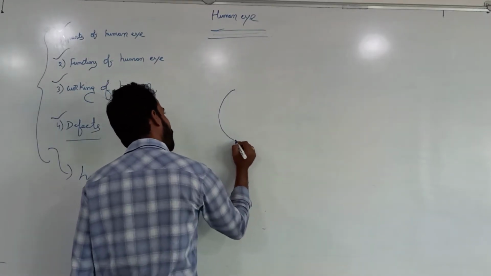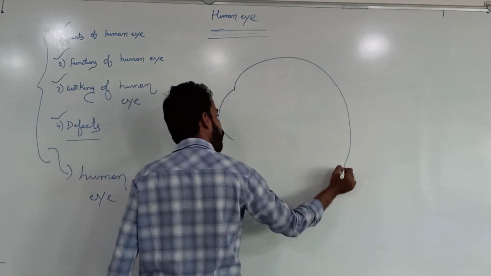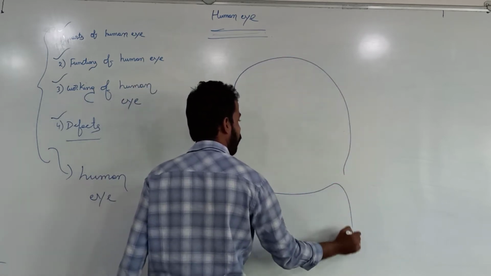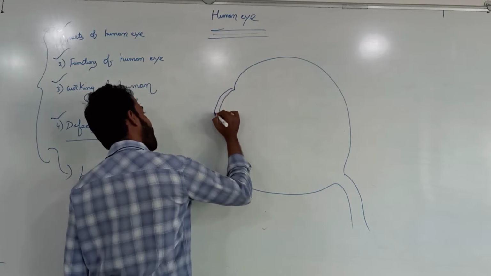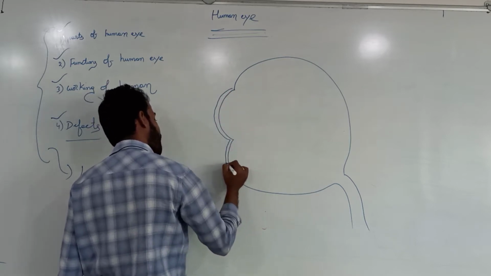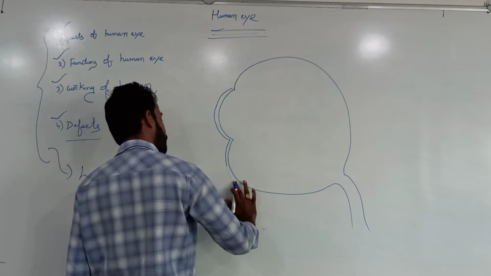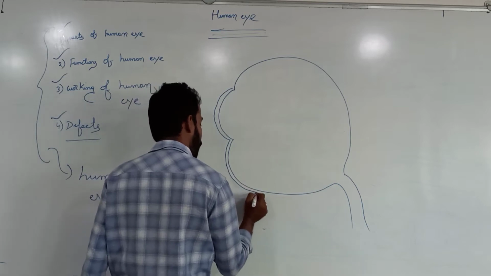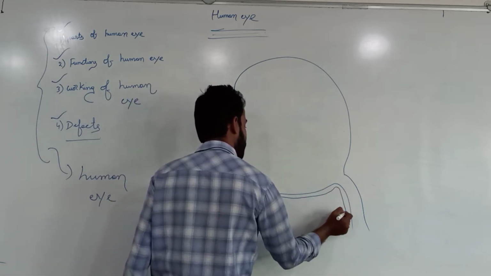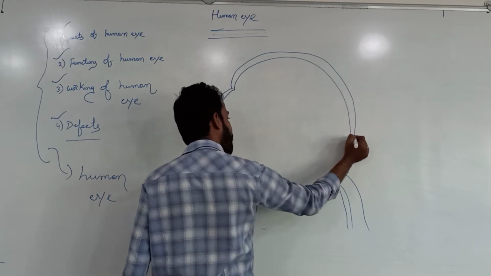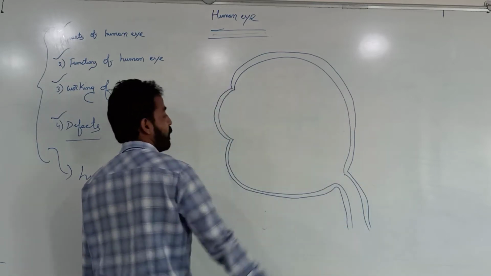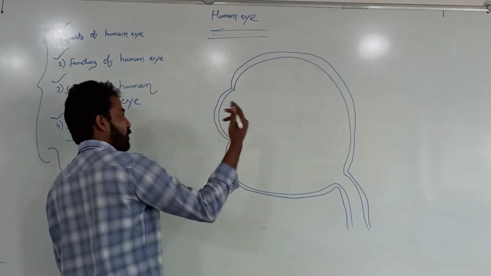So let's draw a neat diagram of the human eye. This is the outer structure of the human eye.